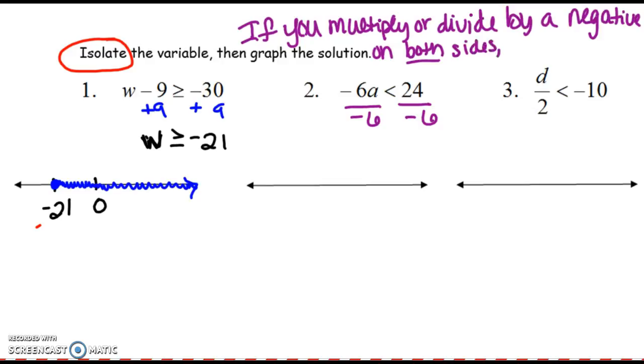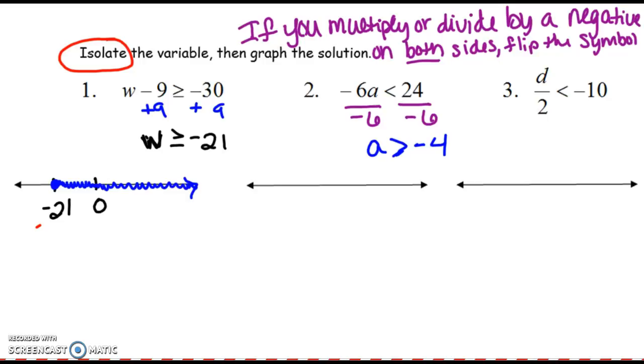So you need to flip the symbol. So when I decided I need to divide both sides by negative 6, that's automatically going to turn this into A is greater than, and then 24 divided by negative 6 is negative 4.